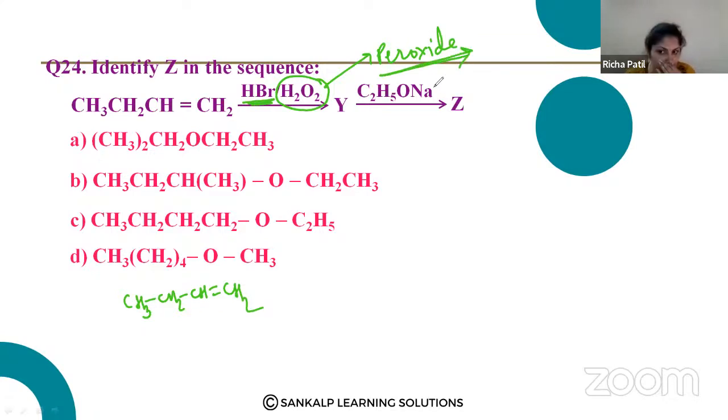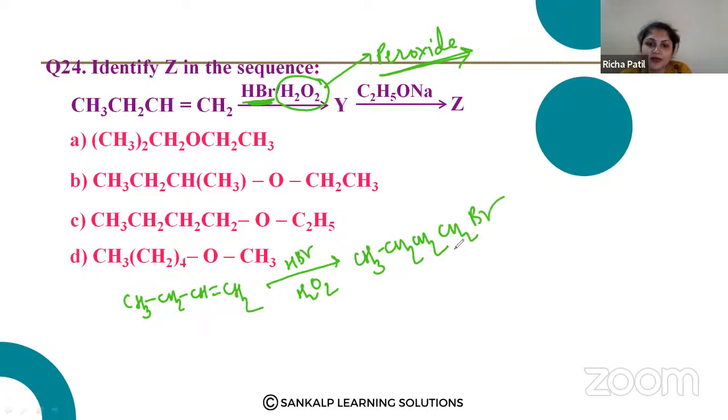It will follow the anti-Markovnikov rule. So you will yield CH3, CH2, CH2, CH2Br. This is the first product, Y.